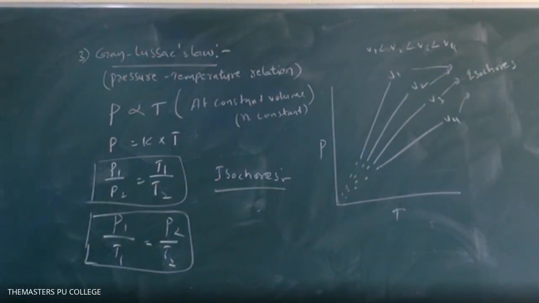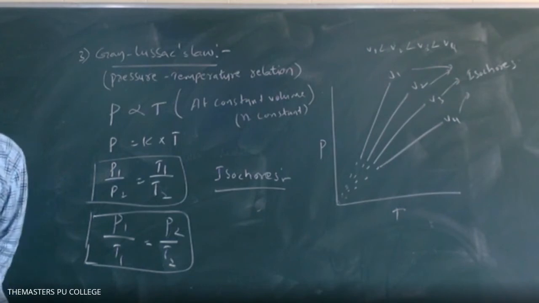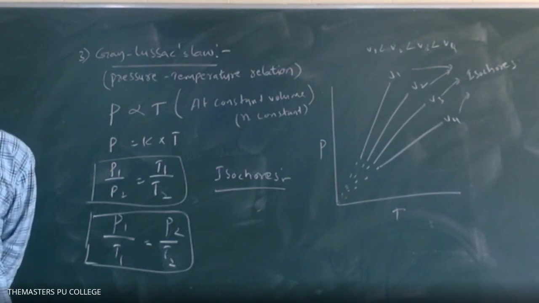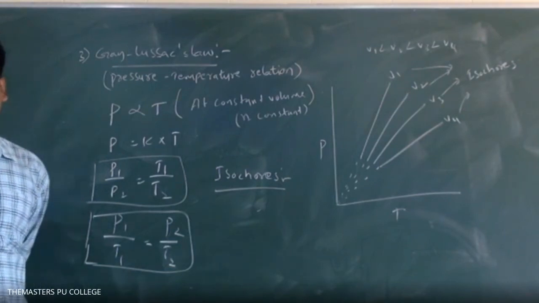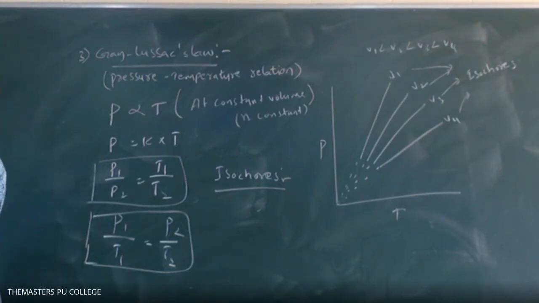Isochores means for different constant volumes, the curves obtained for pressure versus absolute temperature. We're finished. So this is Gay-Lussac's law.